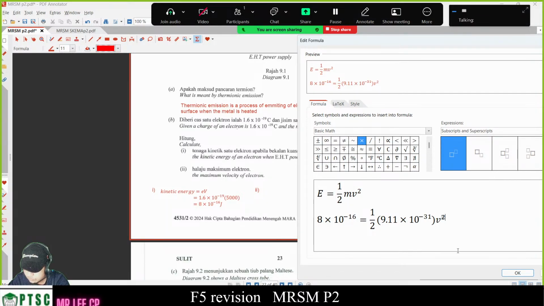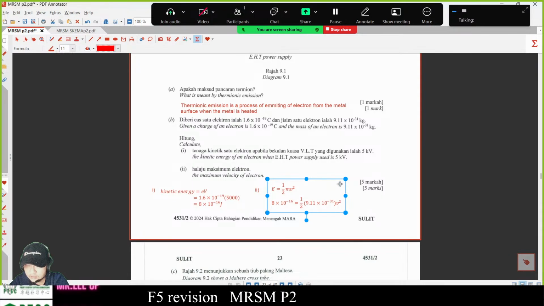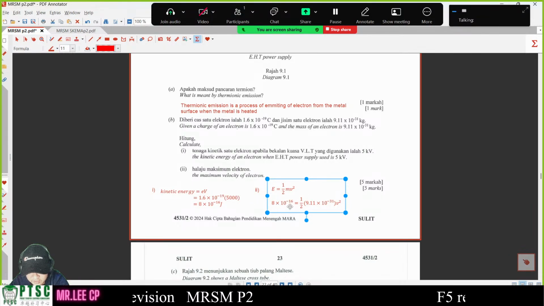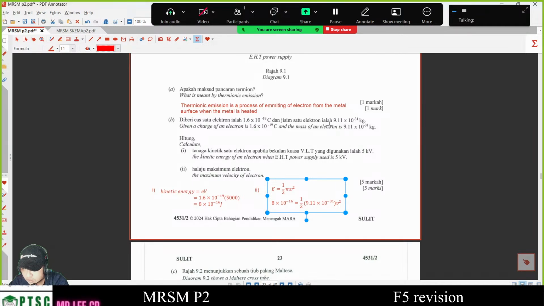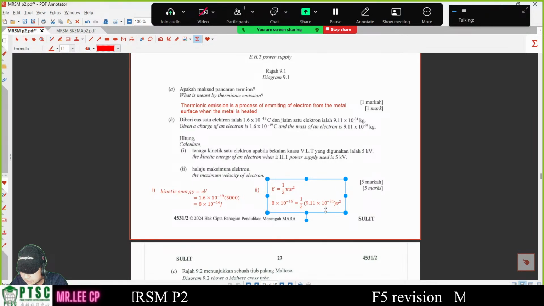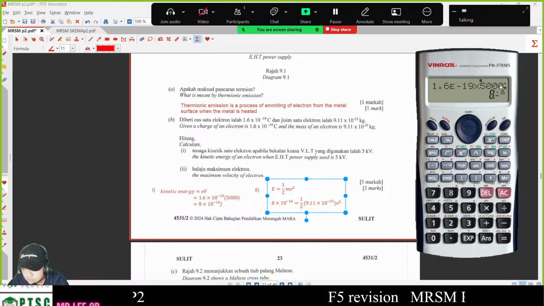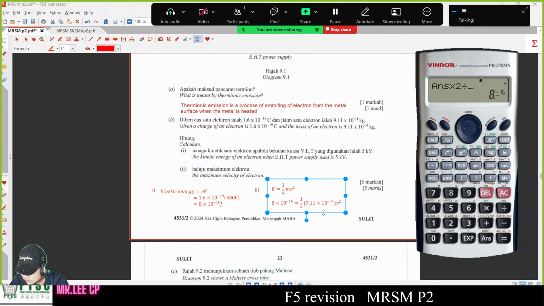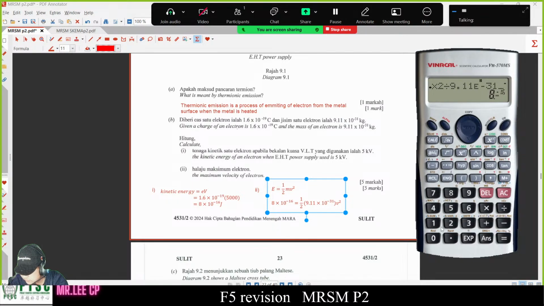V you don't know how much it is. So this one is the kinetic energy, you put it into here: half m, the mass of the electron, and then v square. So you can calculate the V. This one, you need to times 2, divided by 9.11 exponent negative 31, equal.